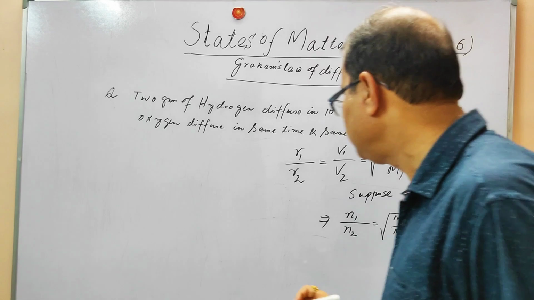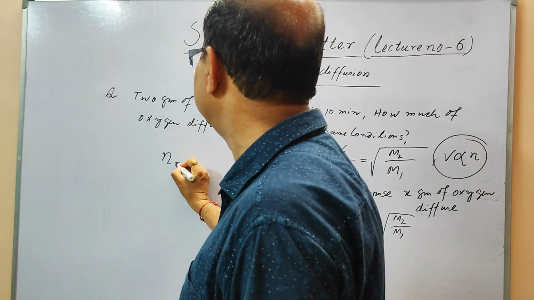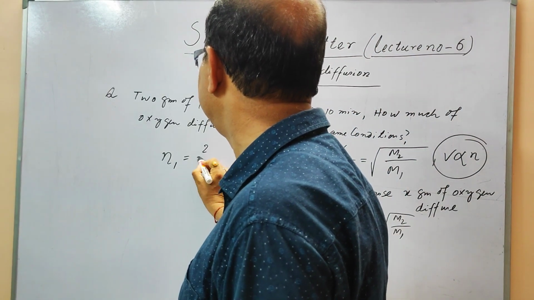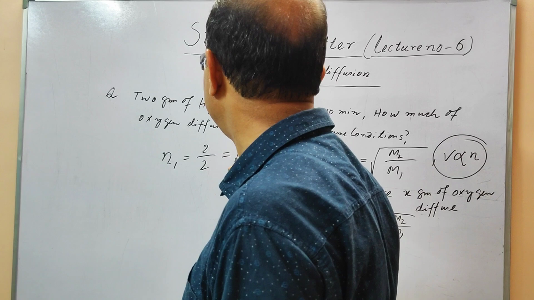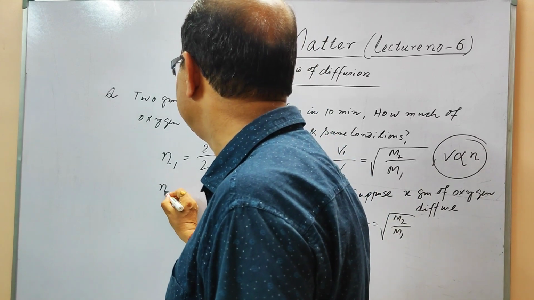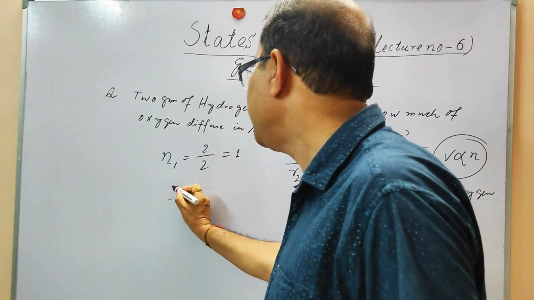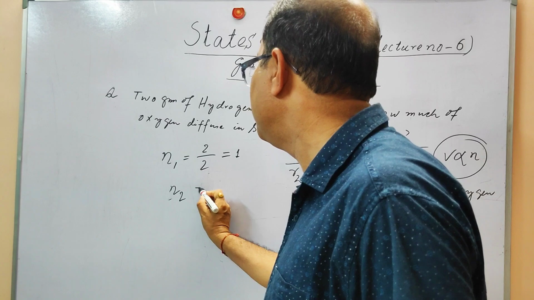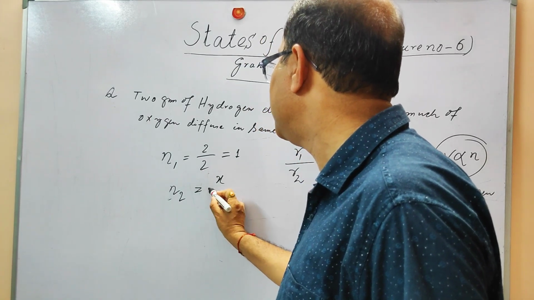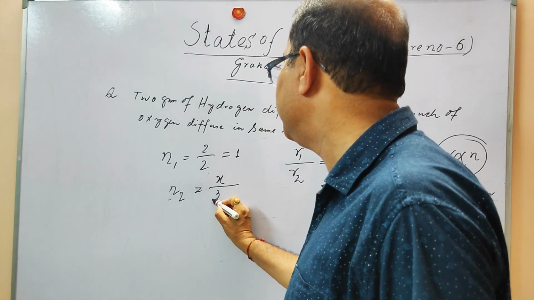Now, what is N1? N1 is 2 by 2, that is 1 mole of hydrogen, and N2 is x, which we have to calculate, divided by 32.